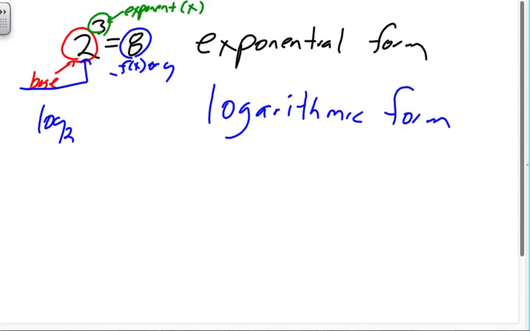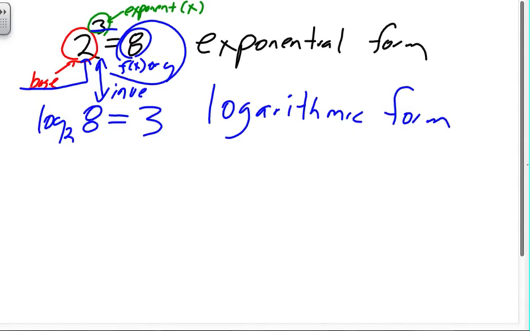So my old y value is going to go in here, and my x value will go out there. And these are equivalent forms, but they're inverses. And again, you can see we swapped our x and y's, but we've got to be able to handle this base, and we do that right there.